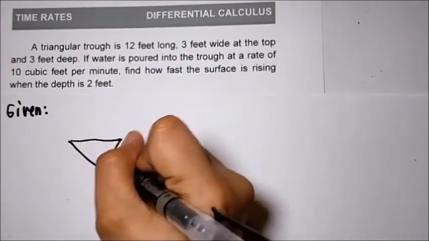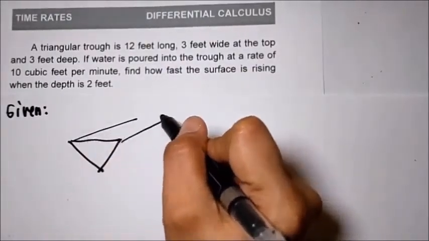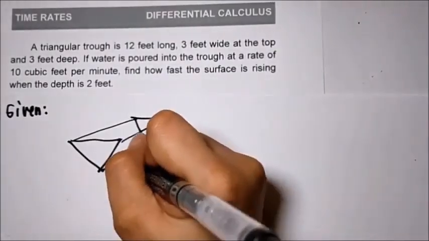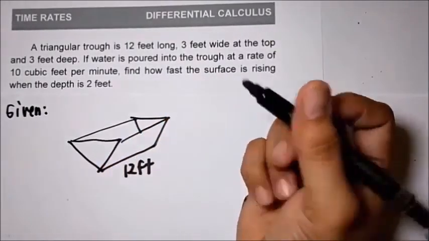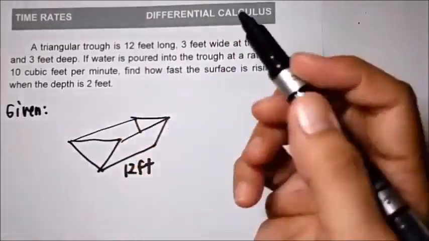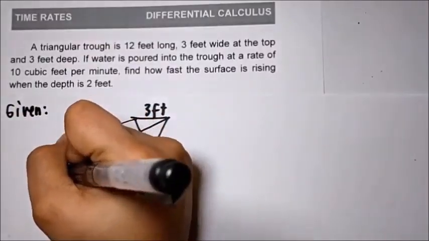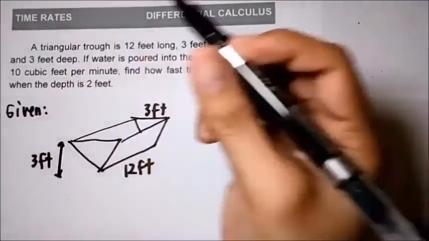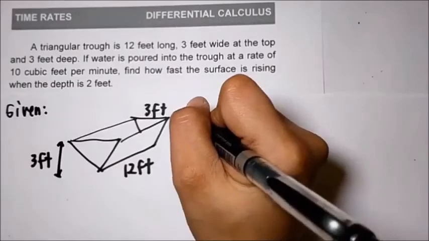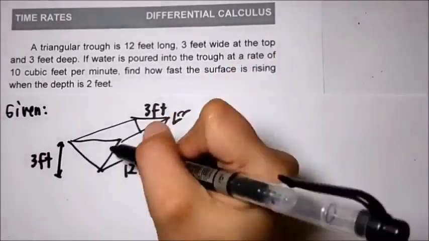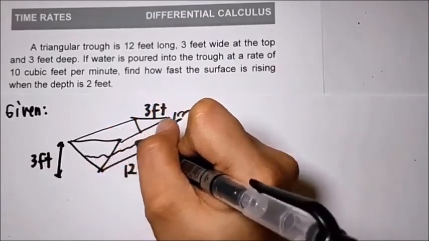So we have a trough in the form of a triangle, and it is 12 feet long. It is 3 feet wide at the top, so this is 3 feet, and 3 feet deep, so the altitude is 3 feet. Now water is poured into the trough at a rate of 10 cubic feet per minute, so definitely we'll be having water.